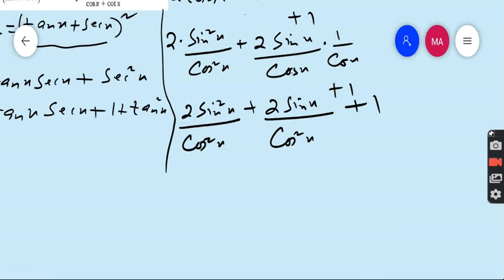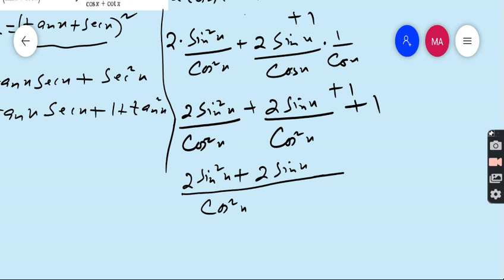Taking LCM of cos square x, it is 2 sin square x plus 2 sin x plus cos square x.